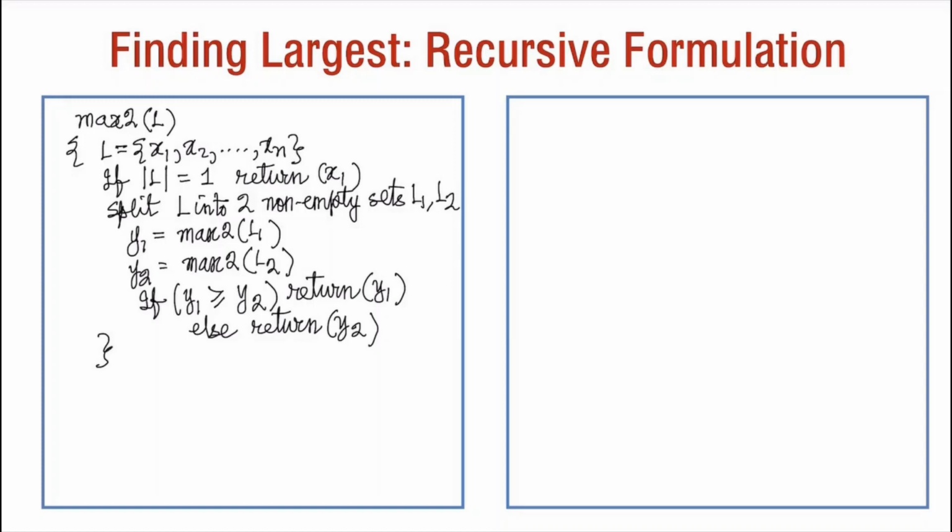As you can see, what we have done is that we have now split it into 2 parts, of which our previous algorithm, which split into x1 and the rest of it, is a special case. However, such an algorithm can easily be proved.